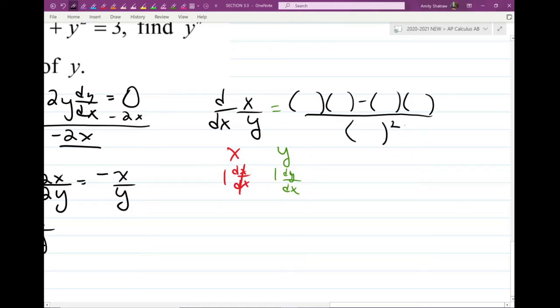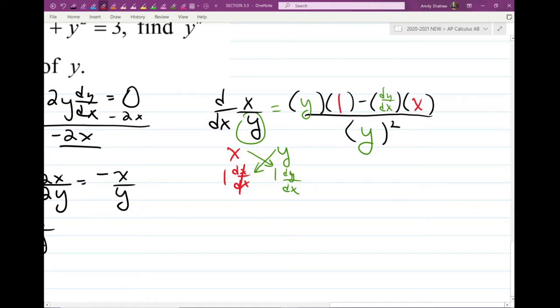And what is in the bottom is supposed to be the original denominator, and that is squared. And it also goes up here on top. And so if I've done y, then I need to multiply it by that, and then I will need to multiply this times this. So this will be where I put my dy dx, and this will be where I put my x, and this will be where I put my 1.